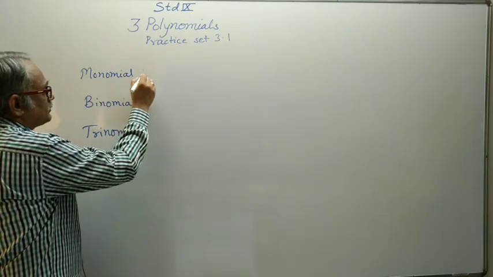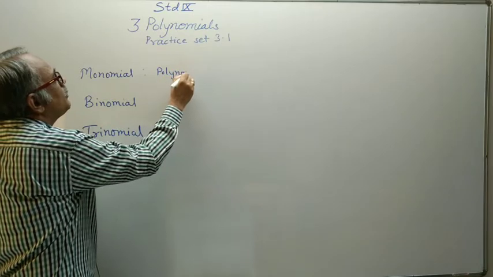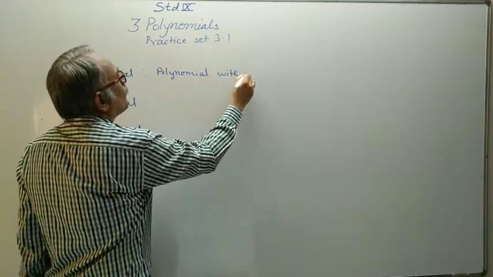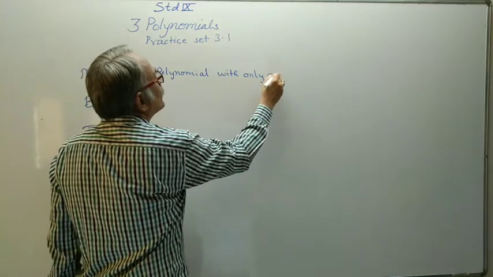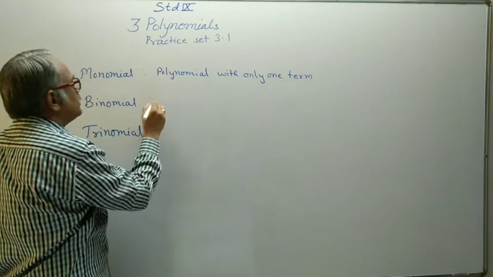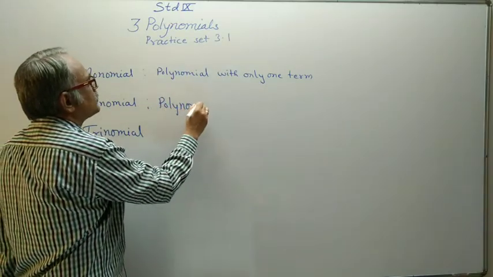Monomial, polynomial with only one term. Binomial, polynomial with 2 terms.